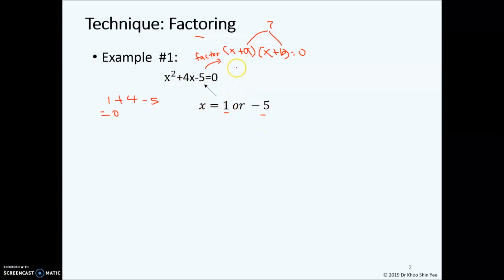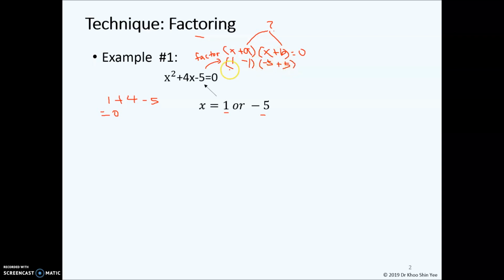So since your x is 1 and negative 5 in this case, therefore your a must be negative 1, so that in total you can get 0, multiply the term here which is equal to 0. And your b in this case must be plus 5, right?